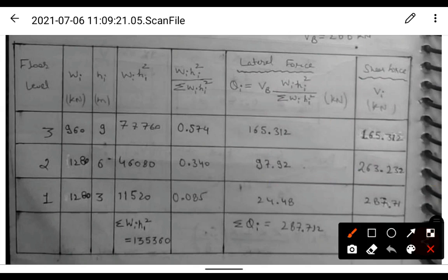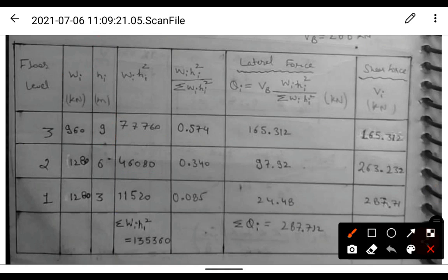After finding the values of Wi and hi, we are going to square the hi value for the particular floor, and after that multiply it by Wi. This is the multiplication which is going to take place, and we will get different values for different levels of floors.